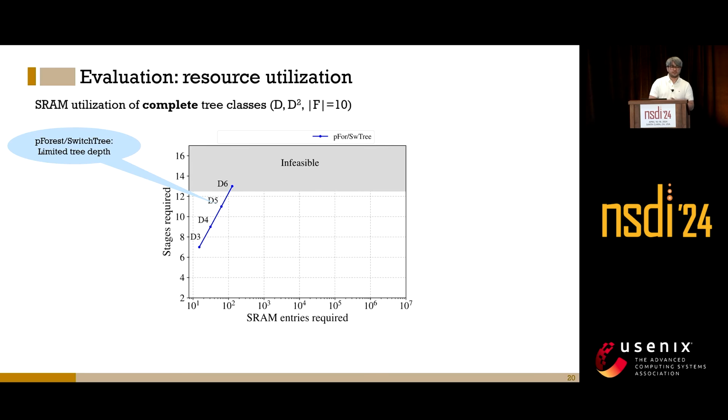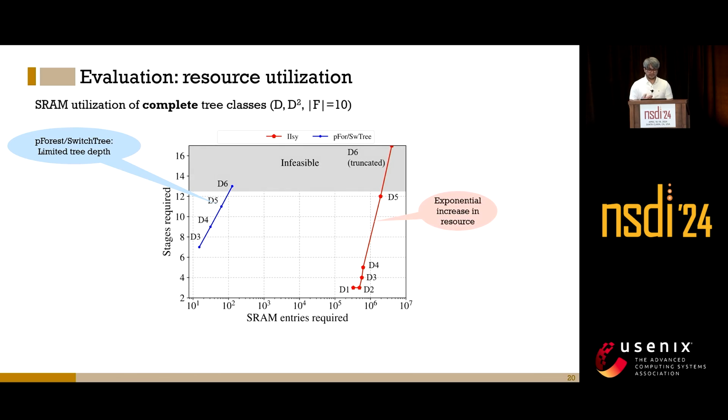So pForest and SwitchTree use few table entries, but they're unable to support trees beyond depth 5 because they're limited by the number of switch stages. Easy, on the other hand, uses up a lot more table entries, but it experiences an exponential increase in the resource required. And Leo sits in a good middle ground between both, managing trees of depth 10.